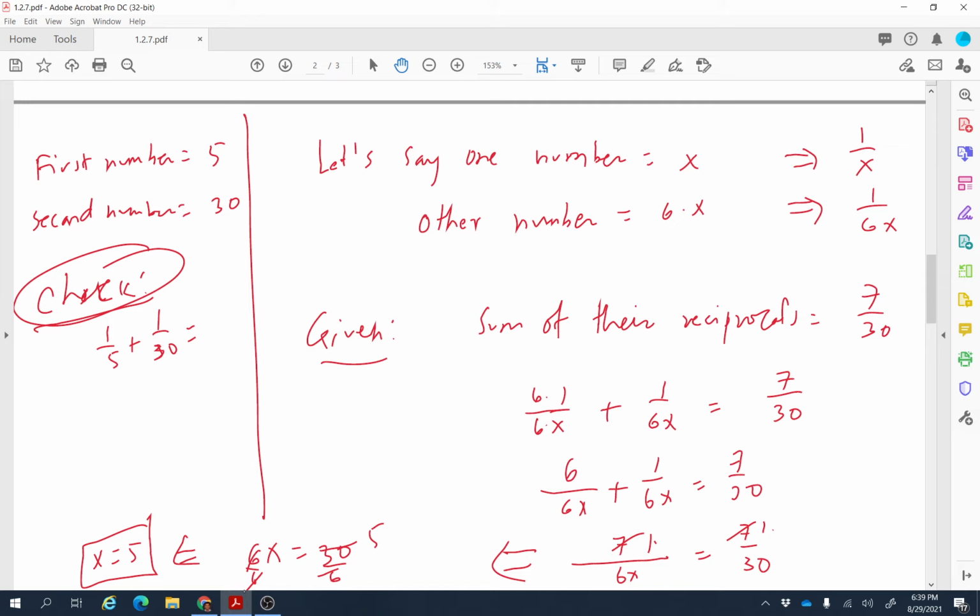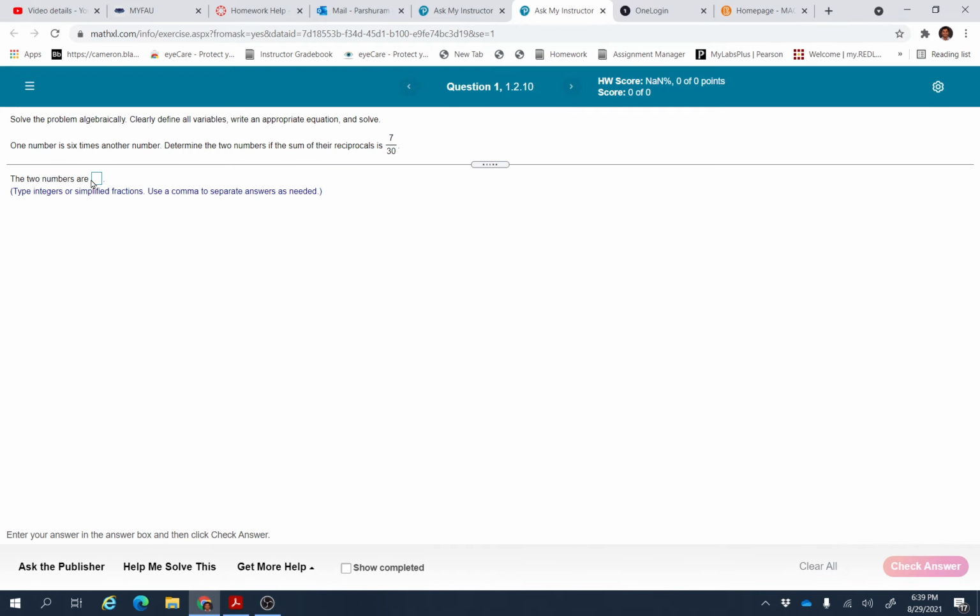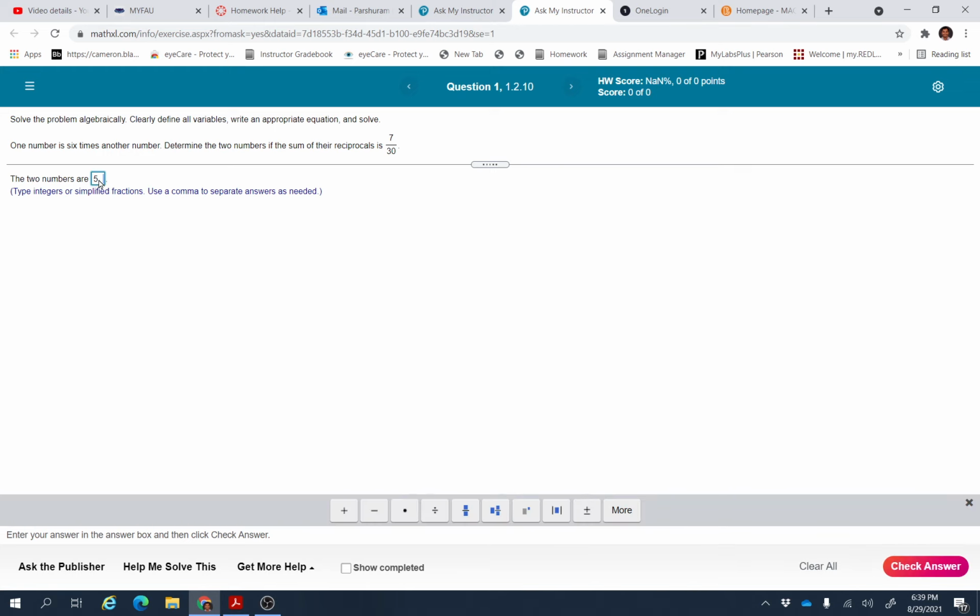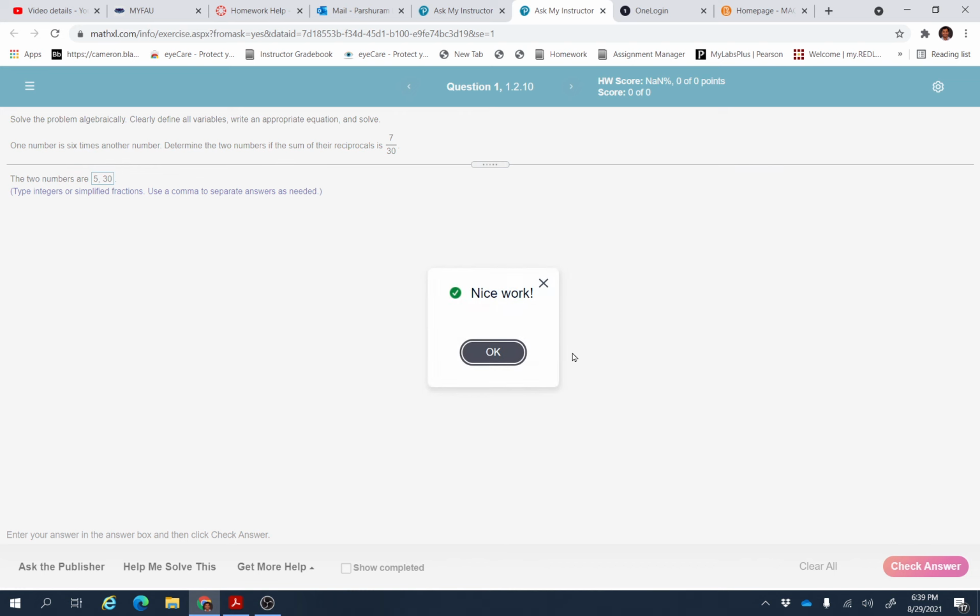In that way you will have the same denominator, 30, and the sum would be 7 over 30. So that is right. The answer for this question is 5 and 30.